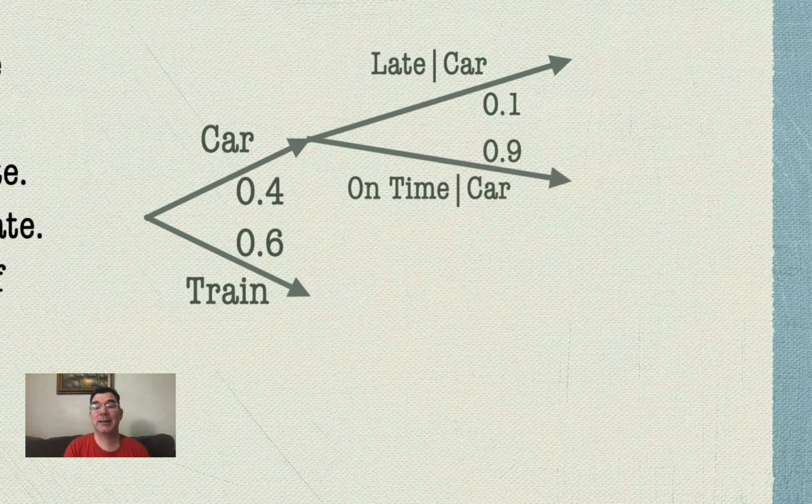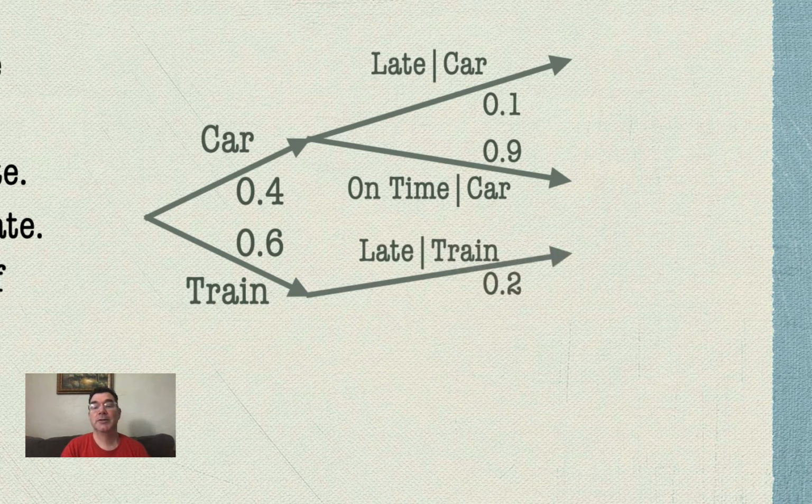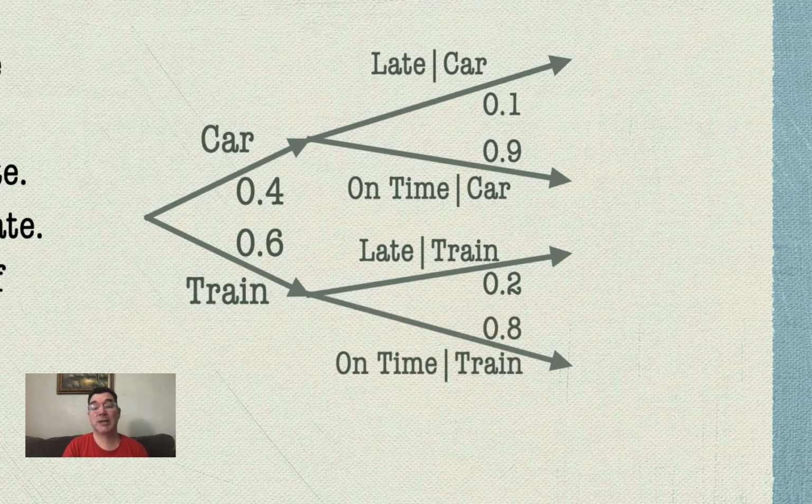And that means that the probability that he is on time, given that he is driving his car, is 0.9. Then we go to the second set of branches, which means he is taking the train. So the probability that he is late, given that he takes the train, is 0.2, which means that the probability that he is on time, given that he takes the train, is 0.8.